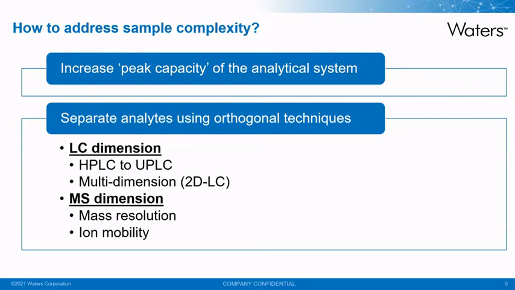We can look at doing multi-dimensional separations, combining complementary chromatographic separations like HILIC and reverse phase to expand the number of analytes that we can see. And then we can also build in the MS, the analyzer part, the MS dimension, and look at improving mass resolution, and also building in ion mobility as a technique to help with this.